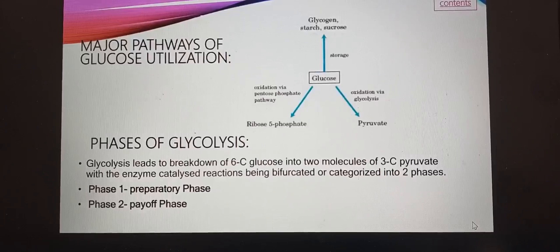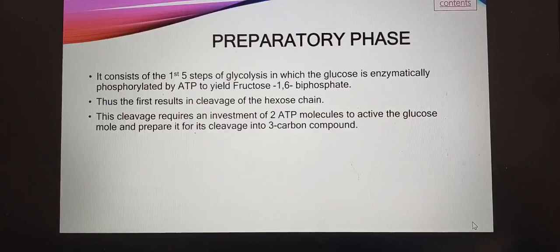Coming to the next slide, we'll discuss the preparatory phase.